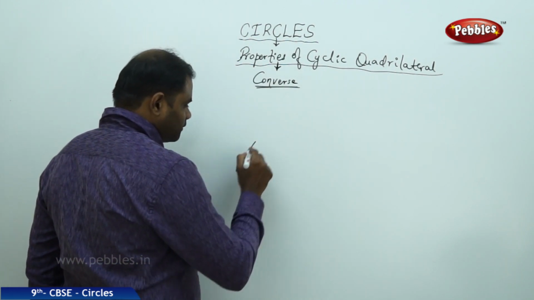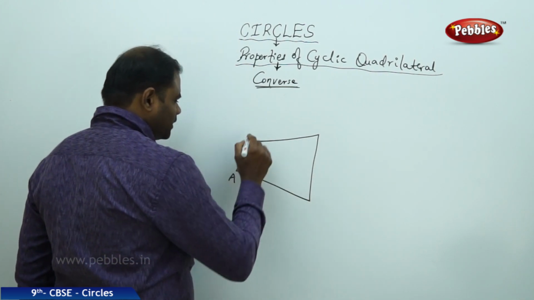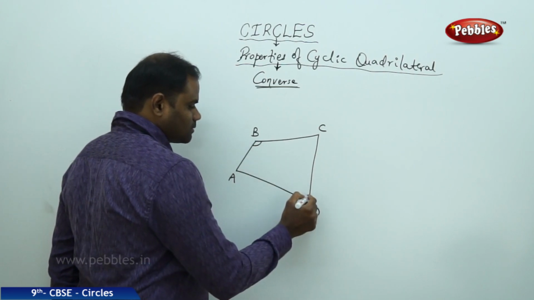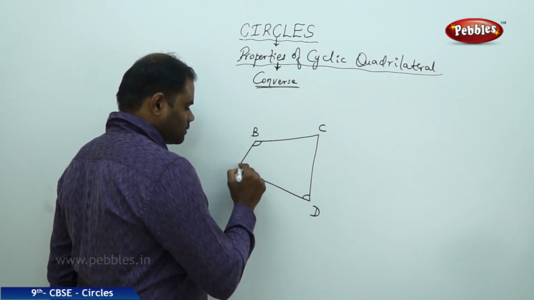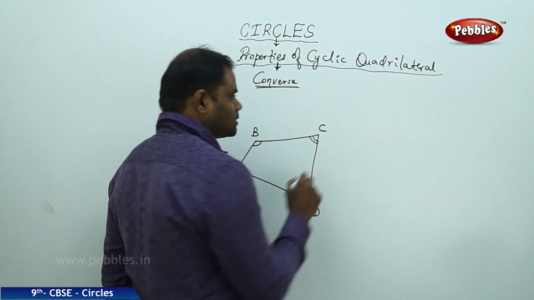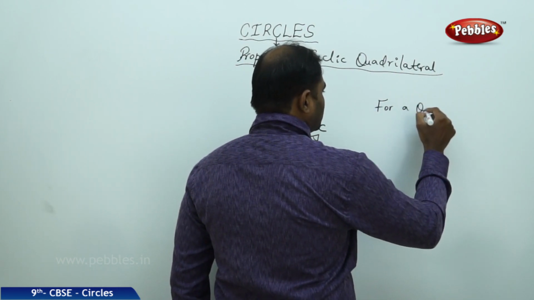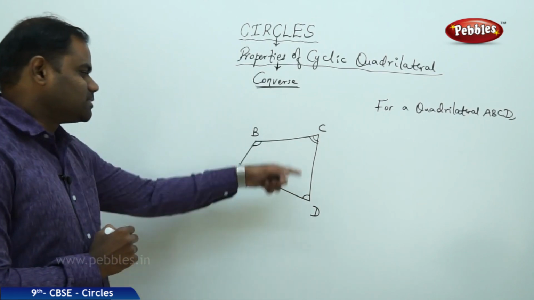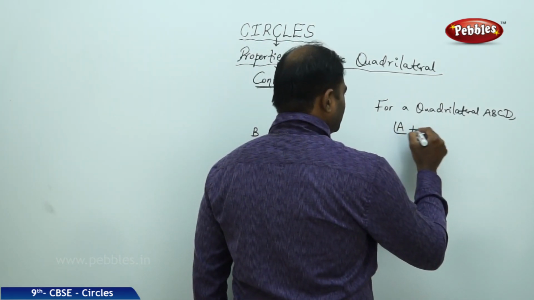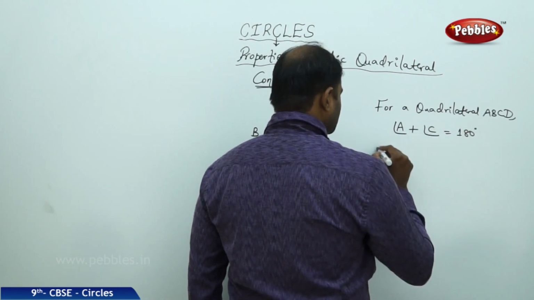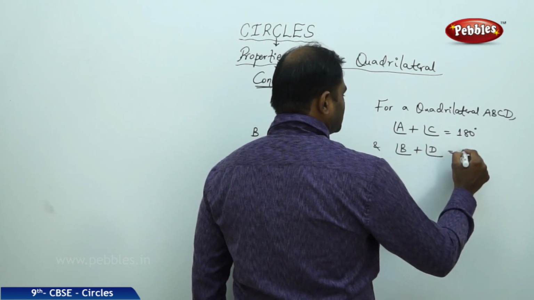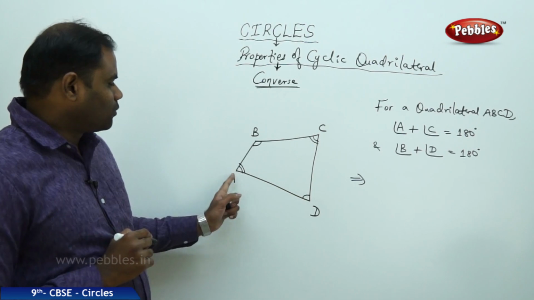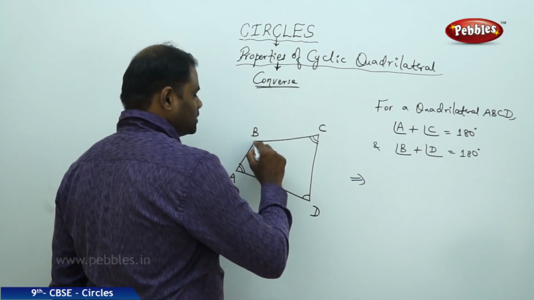So the property says that if there exists a quadrilateral ABCD such that the opposite angles B and D, and A and C, sum up to 180, that is, for a quadrilateral ABCD, angle A plus angle C equals 180 and angle B plus angle D equals 180, then the property simply says that if the sum of opposite angles is 180 degrees, then the quadrilateral must be cyclic.